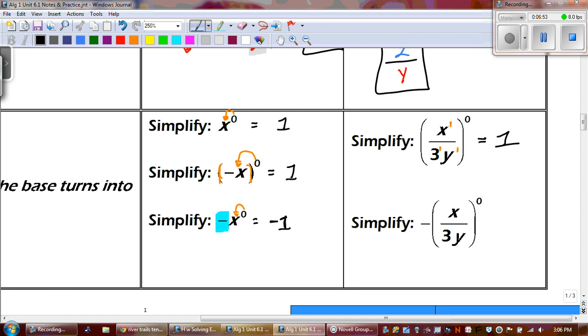Okay? And that's the same thing with our next one. The whole base turns into 1, but that negative sign is still there. Okay, so it's negative, but then everything else turns to 1. So it's a negative 1. And I'll move that negative sign so it actually looks like it belongs to it.